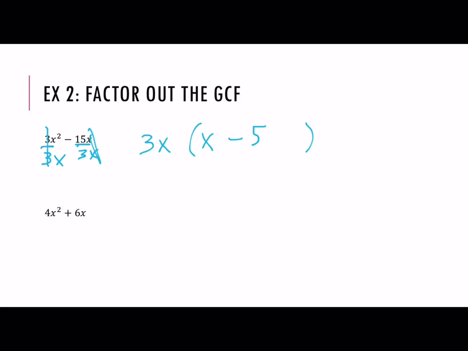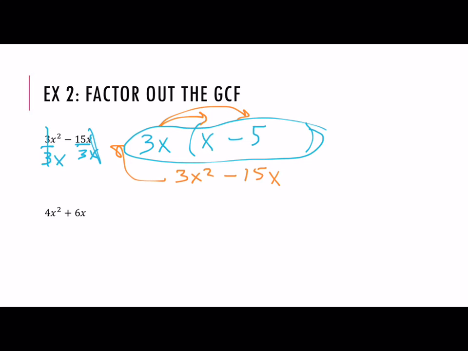So to double check this, you would just distribute or remultiply and see if it equals the original expression. So 3x times x is 3x squared, and 3x times negative 5 is negative 15x. Okay, so that equals the original, so I know that my factorization is correct. So this part in blue is the answer, 3x times x minus 5.